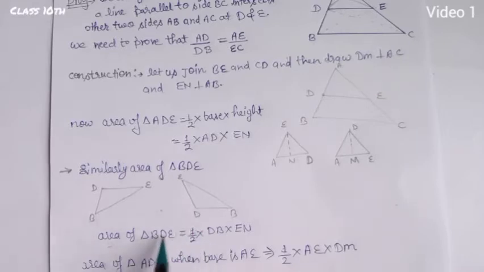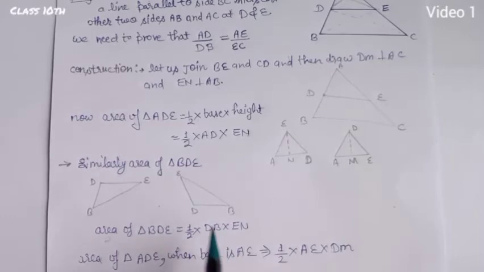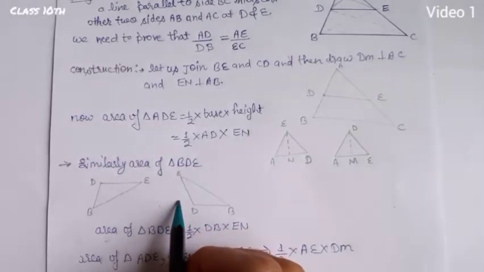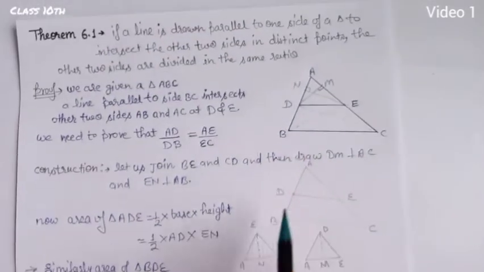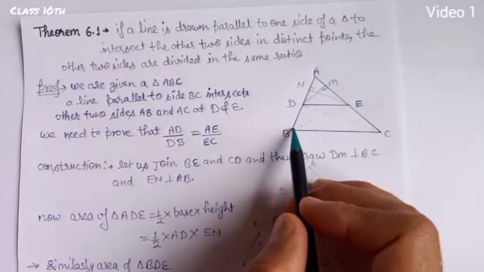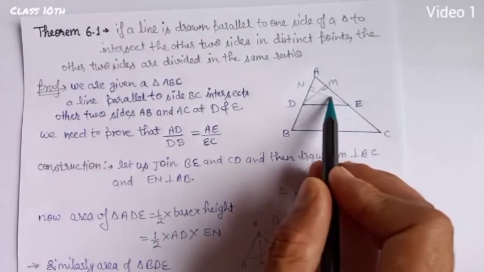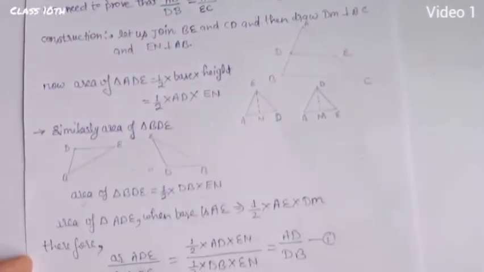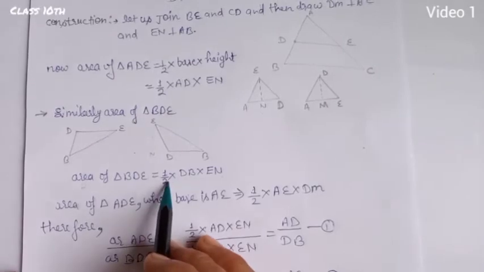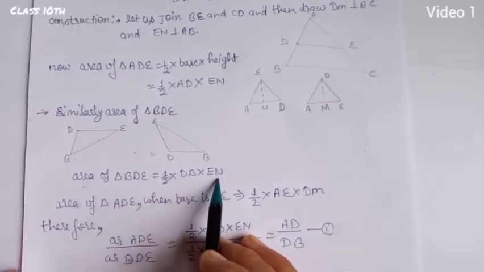The base is DB, so half into DB into EN. The perpendicular is drawn like this, that is EN. You can see in the figure, in this whole triangle BDE, the perpendicular is EN. So the area of triangle BDE is half into DB into EN.